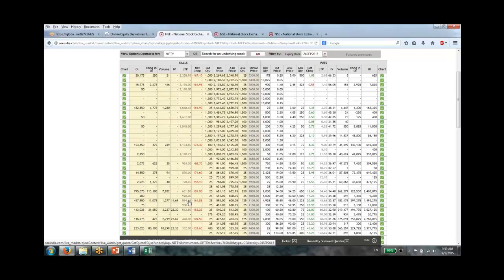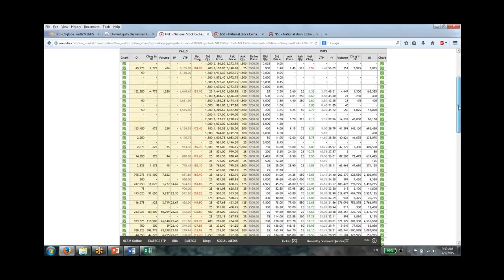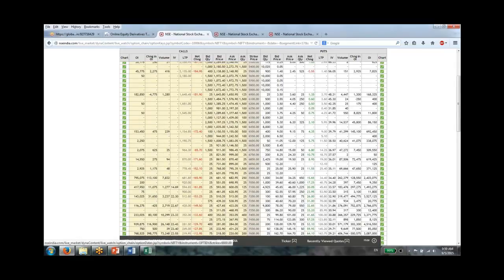The thing is exactly reverse for the puts. It's reverse because for puts, the out of the money options, the ones on the top, have a strike price lower than the current underlying price. So the 6,600, 6,500, 6,850. These parts on the right hand side, the part in white, are out of the money put options.